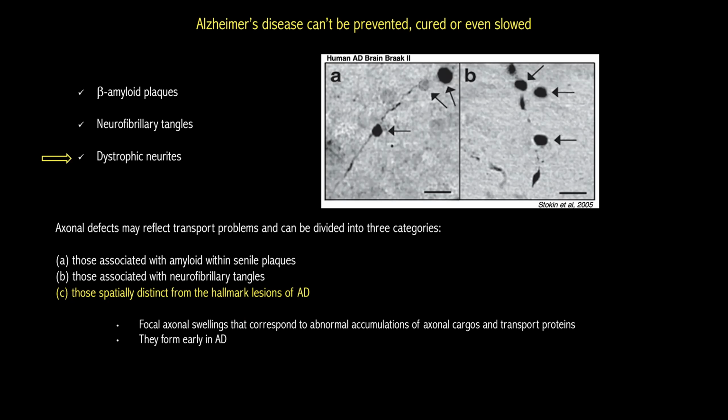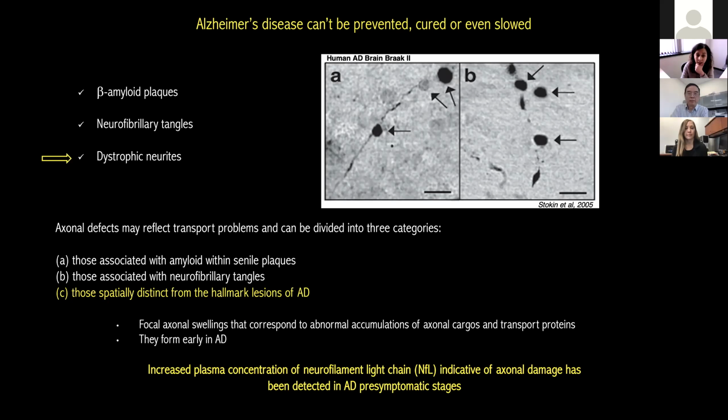It's very important to remember that these kinds of abnormalities develop and form very early during the progression of Alzheimer's disease. It's also important to add one more detail to this story. We now know, thanks to many studies and scientists, that increased plasma concentration of neurofilament light chain is indicative of axonal damage and has been detected in AD presymptomatic stages.